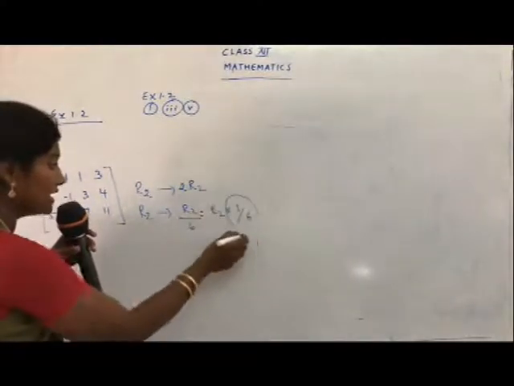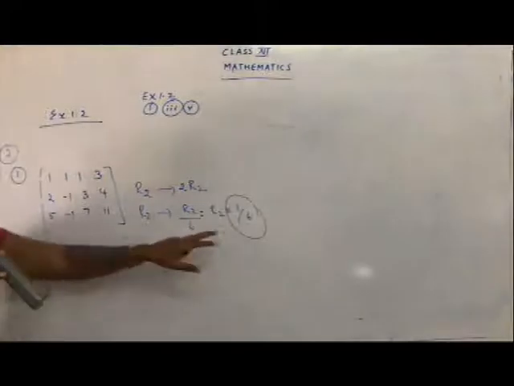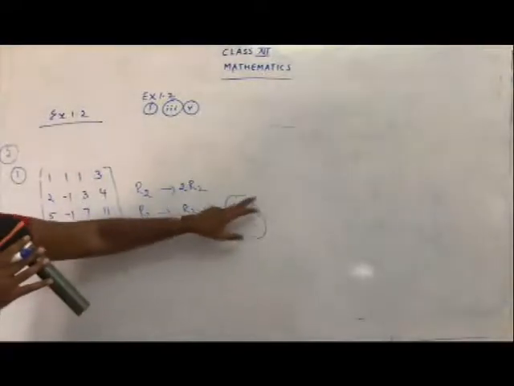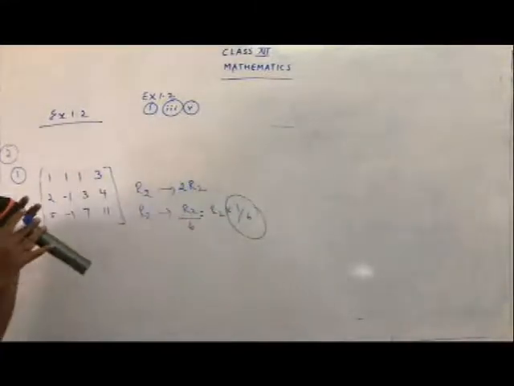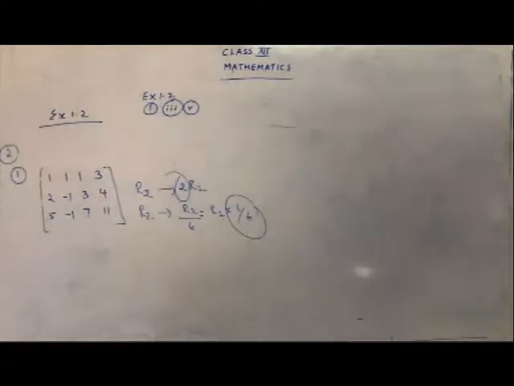This is a non-zero scalar multiple, 1 by 6, and in the other case the non-zero scalar is 2. So what is the second point? Replacing a row or column of the matrix by a non-zero scalar multiple of the row by a non-zero scalar.